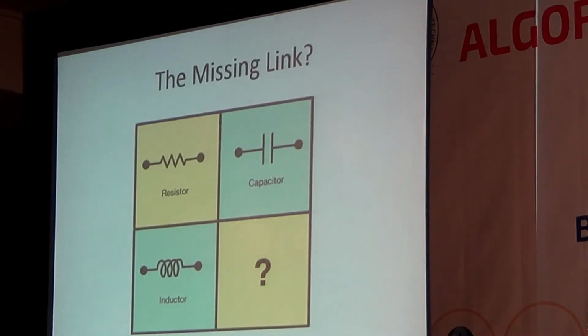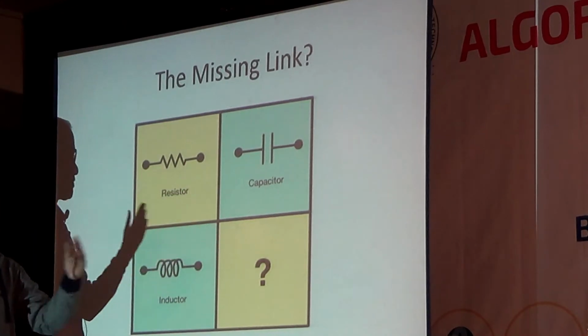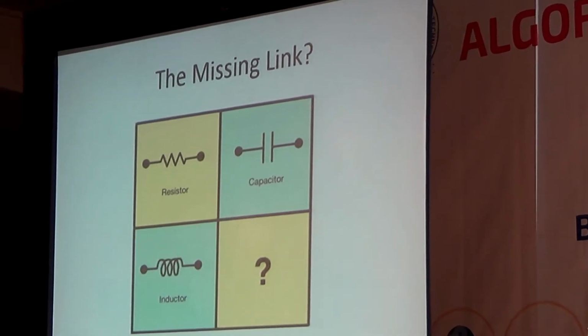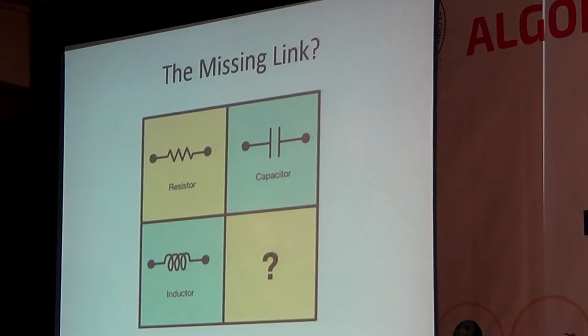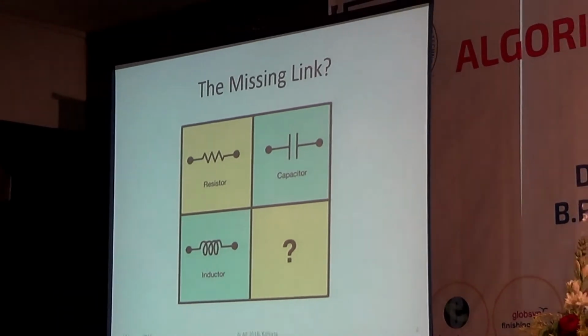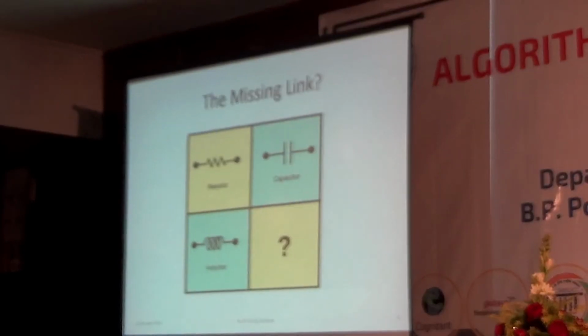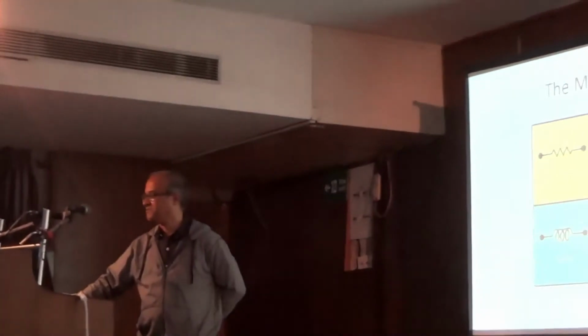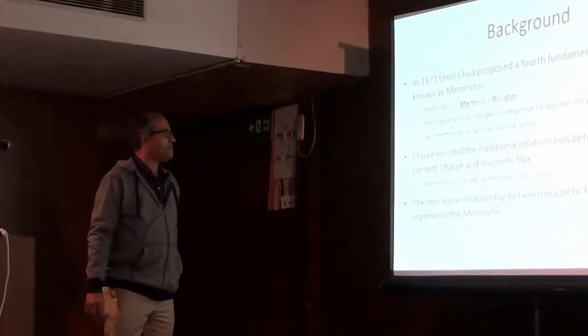So we already had these three different circuit components, and now we have a fourth. We shall see shortly what the missing link is, that which was missing, and how the memristor aims to fill up that blank space. So a little bit of background.